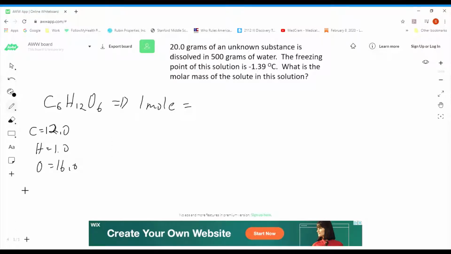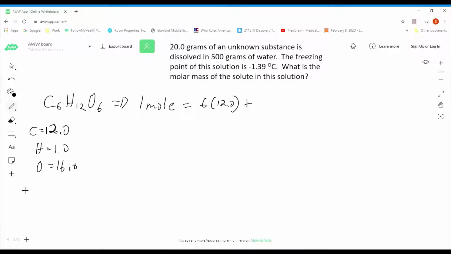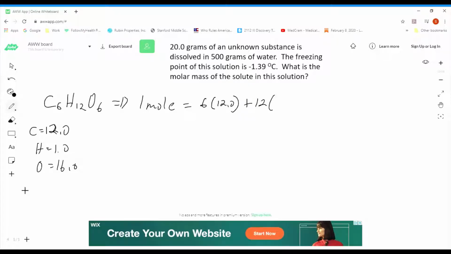There are 6 carbons, so 6 times 12.0, plus 12 hydrogens, so 12 times 1.0, plus 6 oxygens, so 6 times 16.0. Add all those numbers together and I end up with 180.0, and those are in grams.